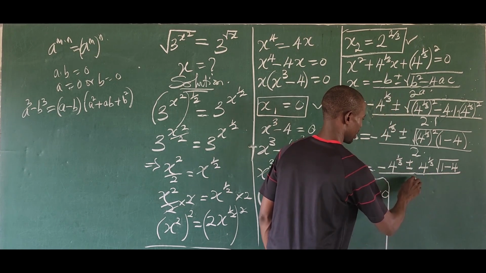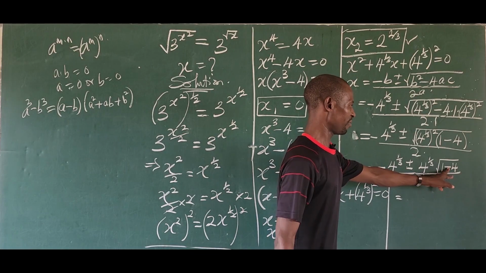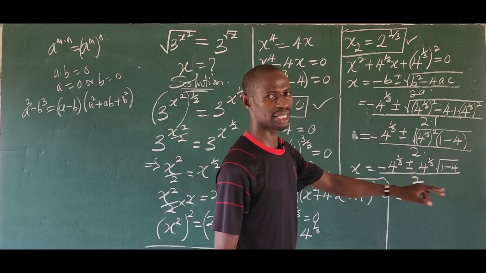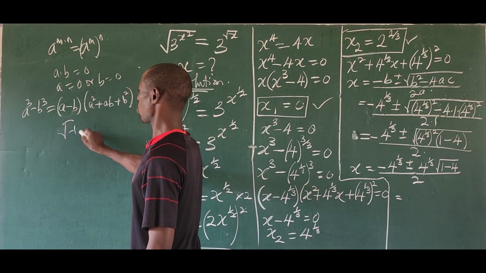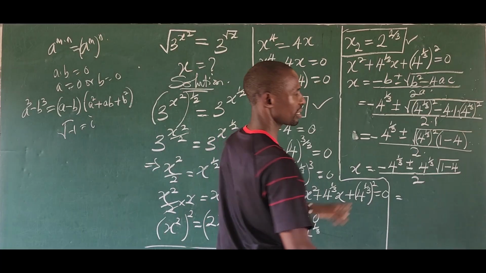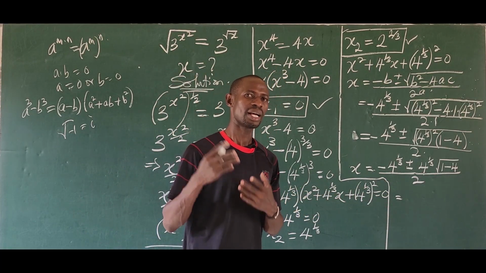Everything all over our 2. Easy. So if we carry out this expression, this is going to give us our minus 3. And we know that the square root of minus 1 is equal to our iota. So we can write minus 3 as the square root of minus 1 times the square root of 3.